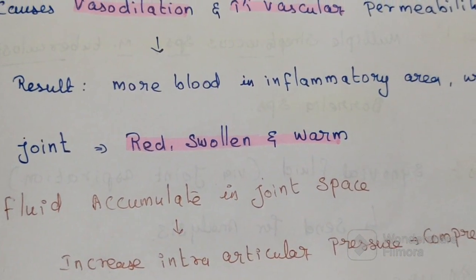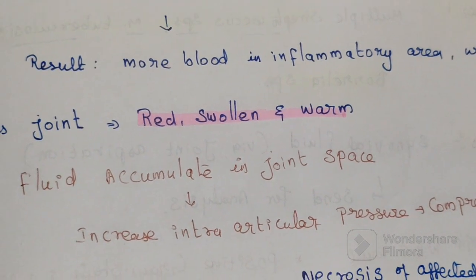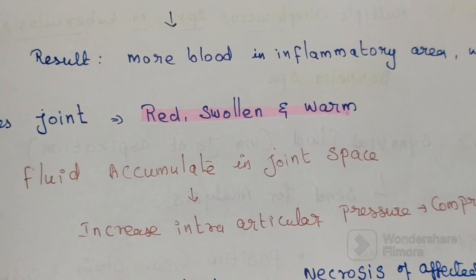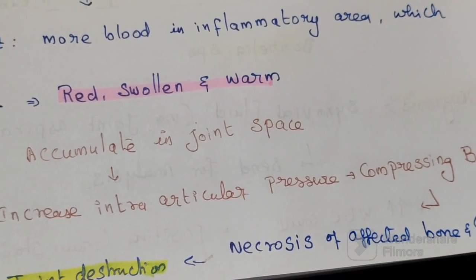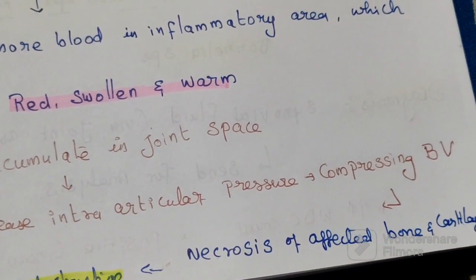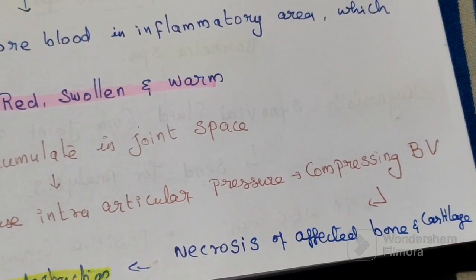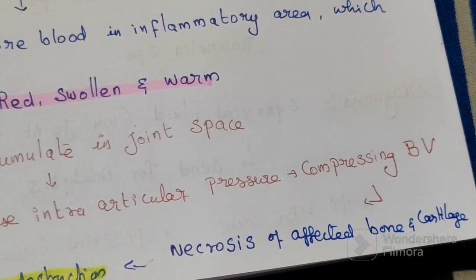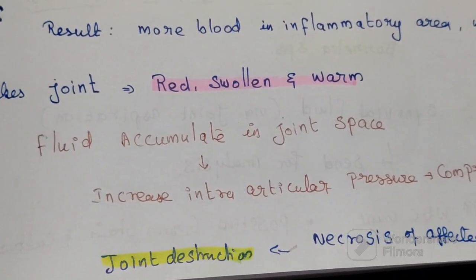So more blood will come to that inflammatory area, which causes red, swollen and warm. Because fluid accumulates in the joint space, it increases the intra-articular pressure, compressing blood vessels, so it leads to necrosis of the affected bone and cartilage, leading to joint destruction.